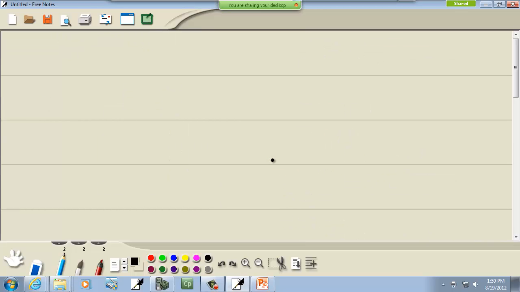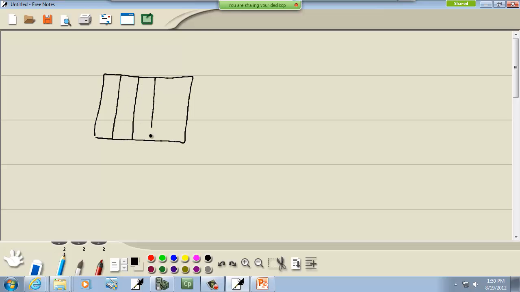Okay, why square inches? Let's talk more about area. Okay, let's say this side is 5 inches. This side is 4 inches.